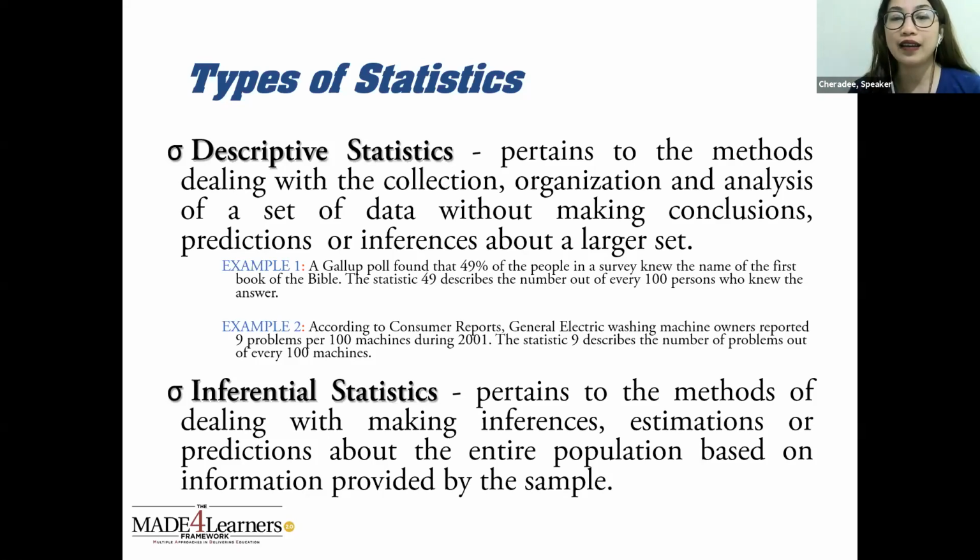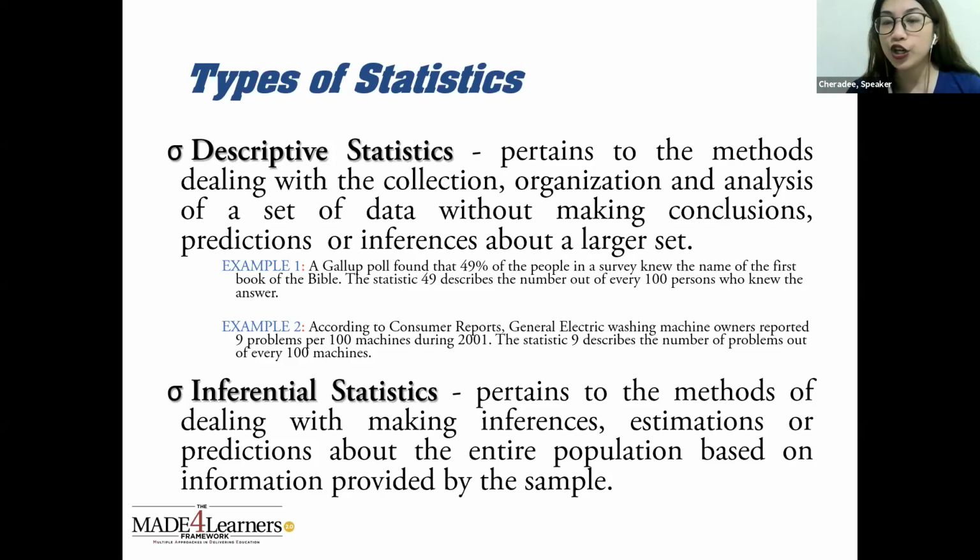Now, why is it advanced? Because it's already pertaining to the methods of dealing with making inferences, estimations, and predictions. Meaning to say, inferential statistics already pertains to making conclusions. Descriptive is just describing certain data, while inferential is already giving conclusions.